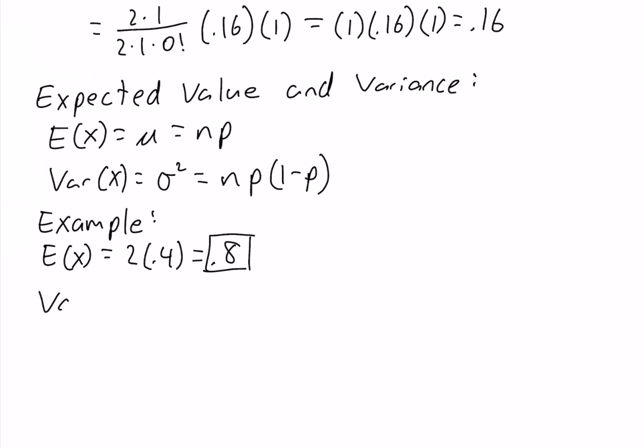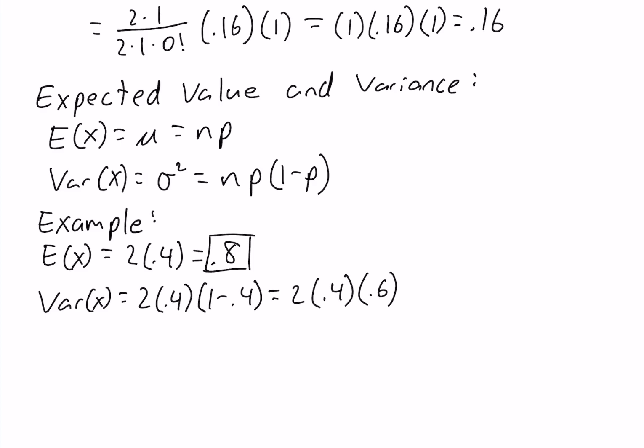The variance, for example, would be equal to n, which is 2, times p, which is 0.4, times 1 minus p, which is 0.6. So it's 2 times 0.4 times 0.6.